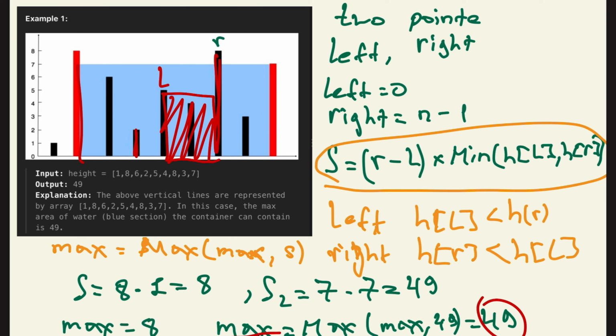So let's move left, because the height of left is less than the height of right, and also it is less than our max variable. We will move left again, because the height of left is less than the height of right.